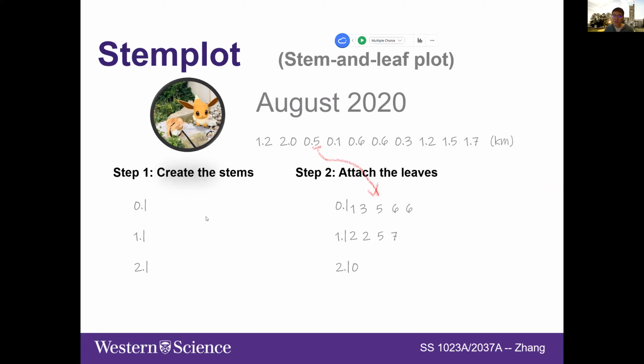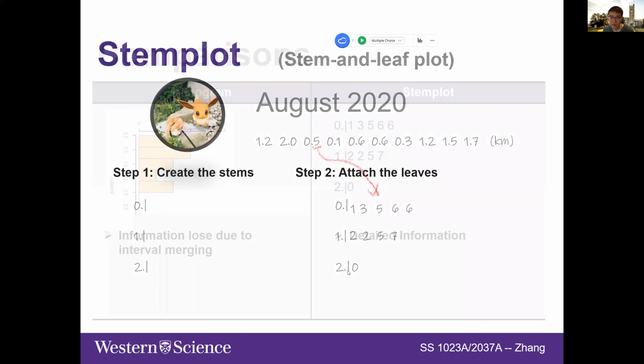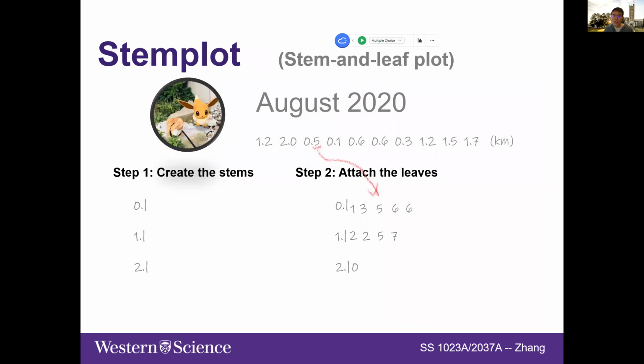For presentation, it is true that it is better to confine ourselves to one digit for our leaves. Otherwise, it will be really confusing, because if you have, say, 0.22, then you will have a large problem there. The next question is, how would it work for a number such as 1.22?